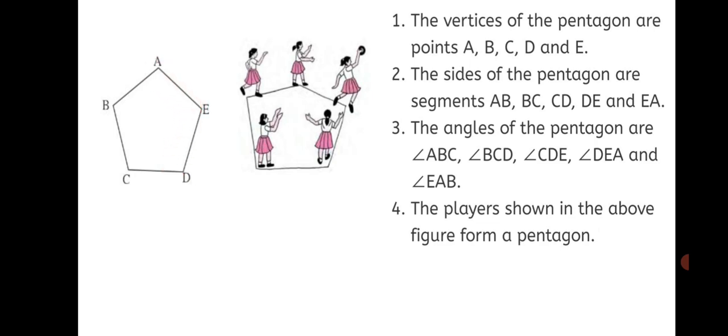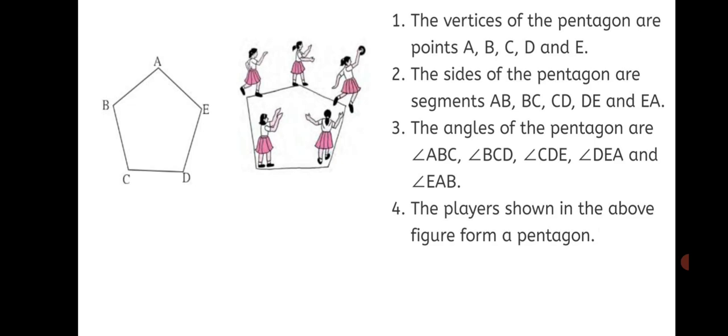The angles of the pentagon are angle ABC, then angle BCD, then angle CDE, then angle DEA, and angle EAB. The players shown in the above figure form a pentagon.